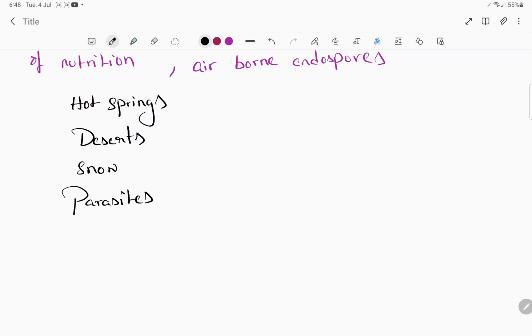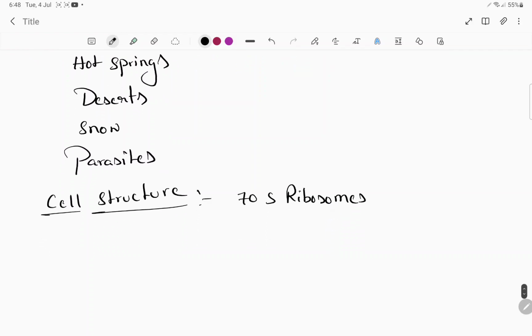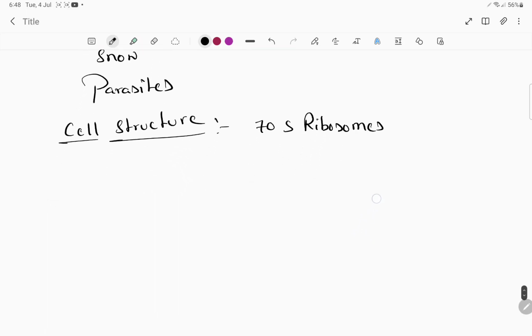Coming to the cell structure, they have a rigid cell wall made up of peptidoglycan. They are motile because flagella are present, made up of flagellin. They have 70S ribosomes, cytoplasm, free DNA, and membrane-bound cell organelles are absent.